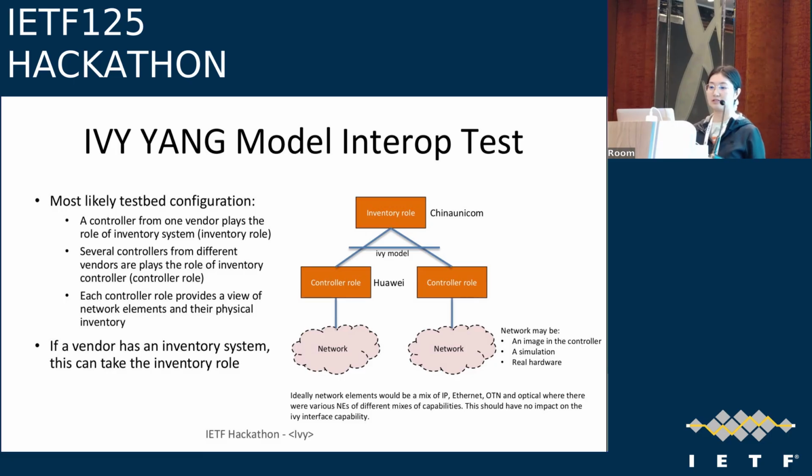The interoperable testbed has two containers from China Unicom and Sienna placed as the inventory system, and one container from Huawei placed as the controller, and the network is real hardware from Wuhan. And we use the IVA model to get the real-time resource from the container.